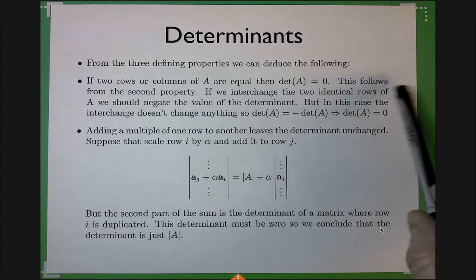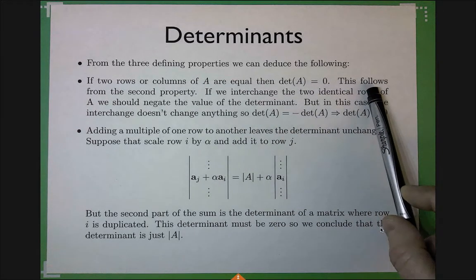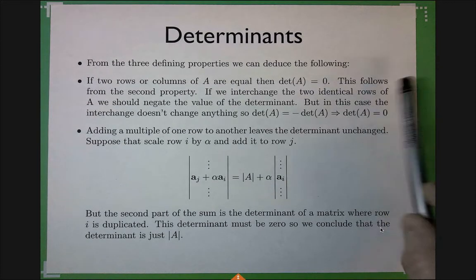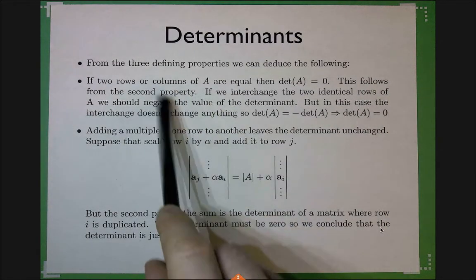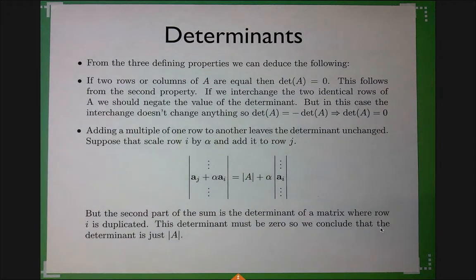So why is that? Now we have to prove it. Now this is not a defining property anymore. Now it's like a derived property, so we have to prove it. So that follows from the second property. The second property was if we exchange 2 rows or columns, then we need to flip the sign, right? But if we have 2 rows which are exactly the same, then if we exchange them, the sign also flips, right?